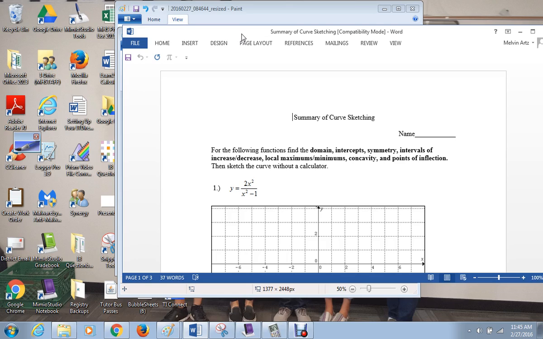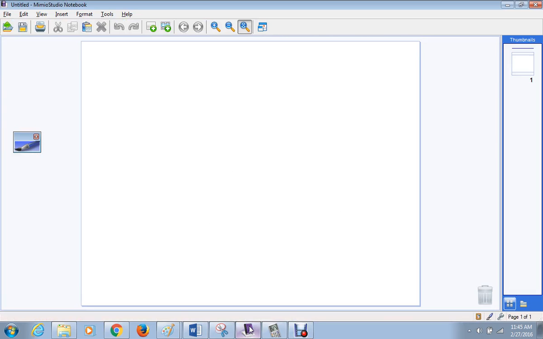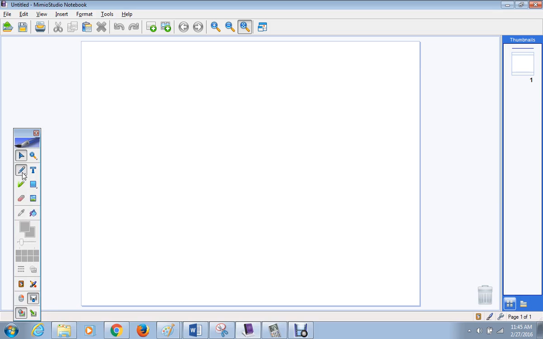So we're going to look at graphing y equals 2x squared divided by x squared minus 1 using calculus. So let's look at our tests. So we will write our function here.